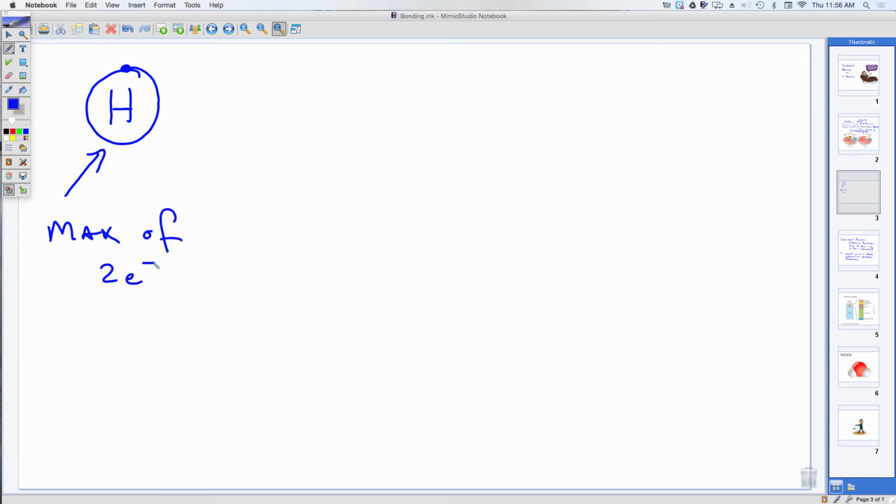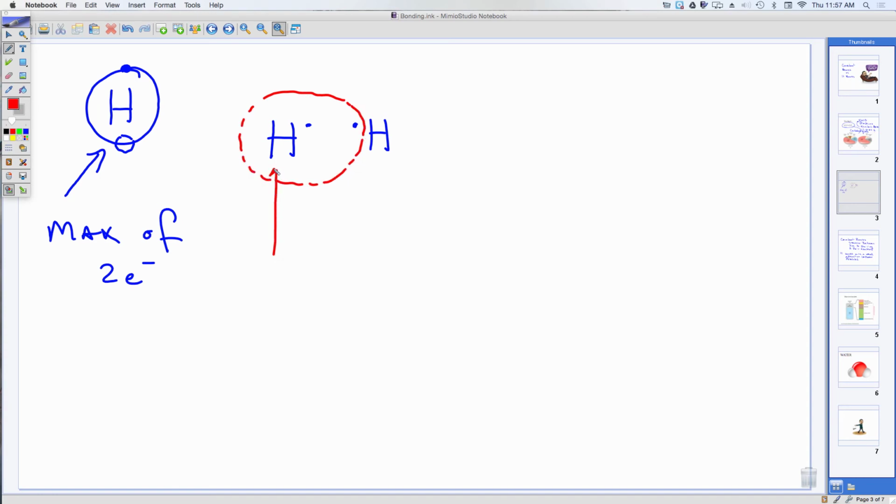And because of that, hydrogen does not exist alone unless it is in a bond. So we have a vacancy in that outer orbital that needs to be filled. So what can occur is one hydrogen can interact with another hydrogen. And the way they interact is by sharing their electrons.